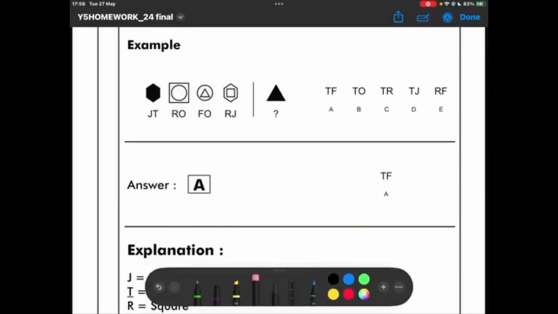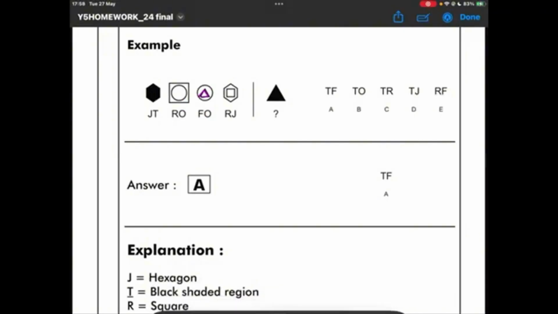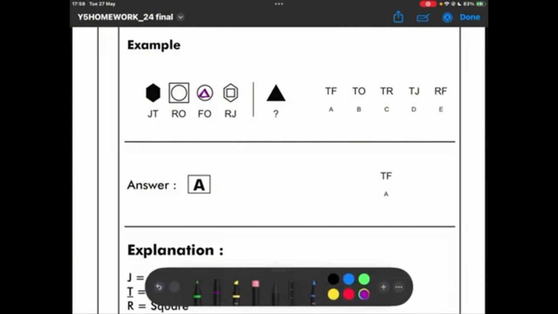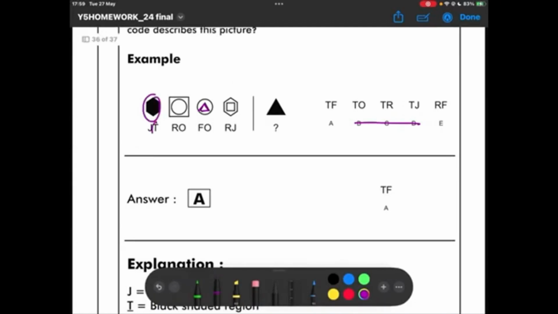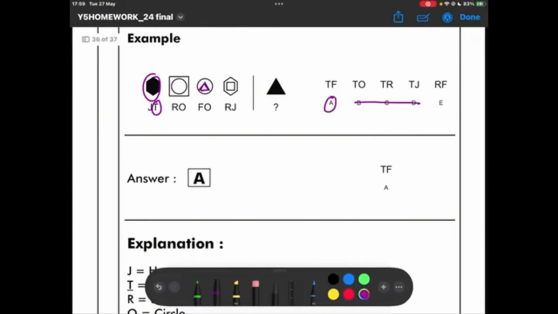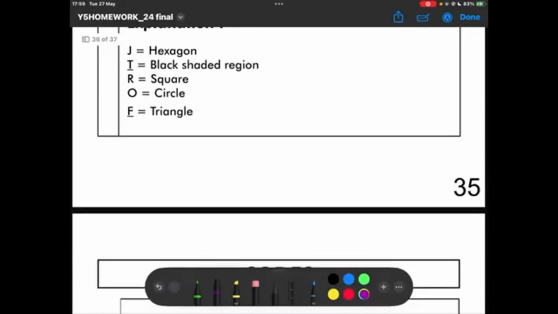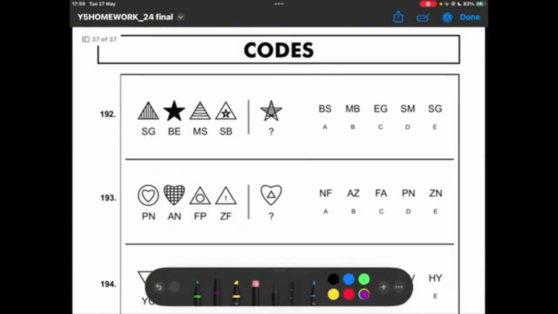So I'm guessing because this one has a triangle and it's got an F in it, this one must have an F in it, so we can rule out those three. And also because this one is fully black, like this one, it's got a T, it's also got to have a T in it, TF, so the answer is A.